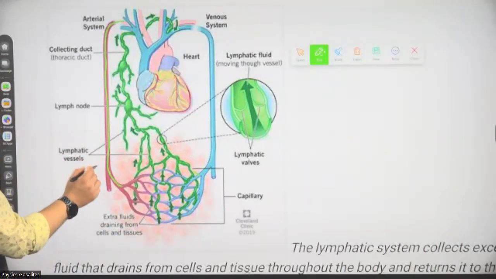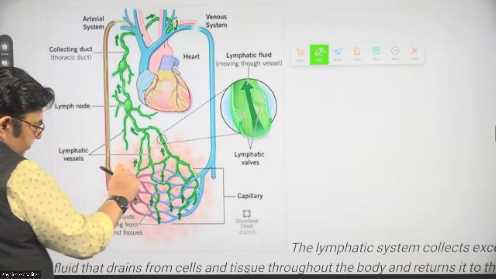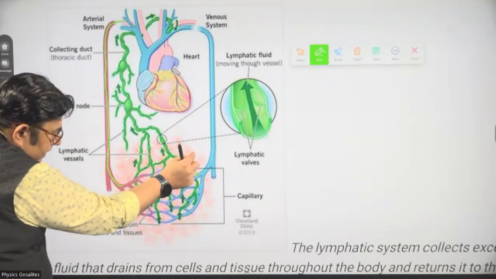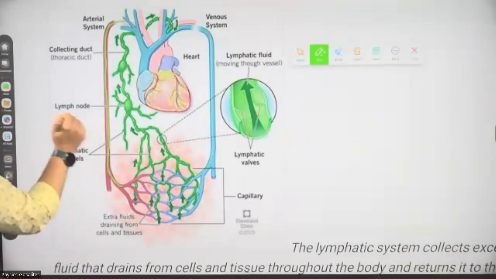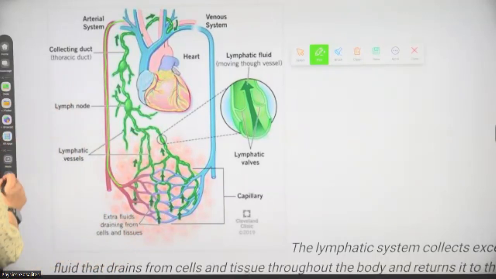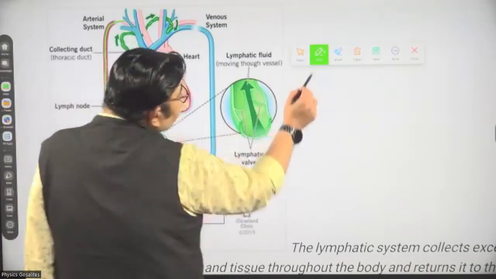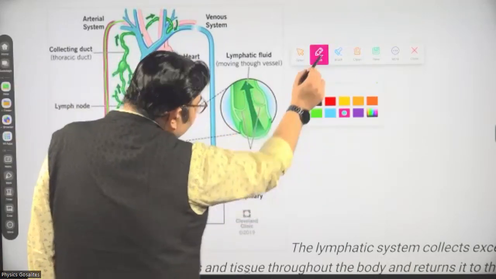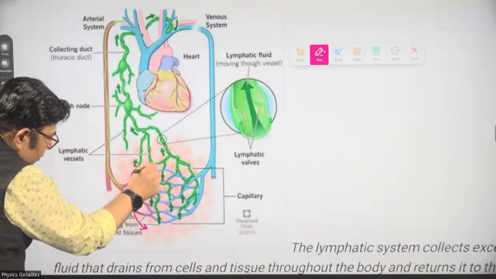If you can see the cells here, in between the cells there is a little space, and there is a fluid in that space. The fluid actually arises from these capillaries because these capillaries are leaky in nature. So this fluid is coming out of the capillaries.